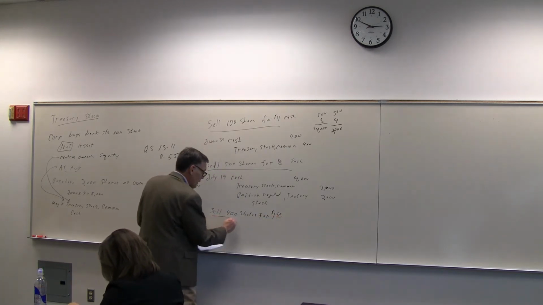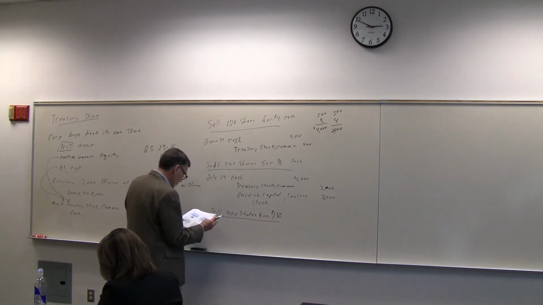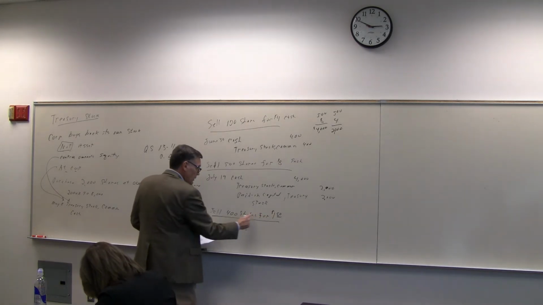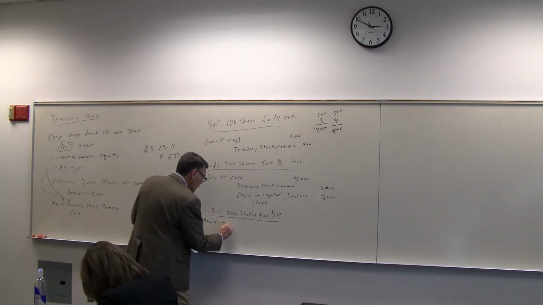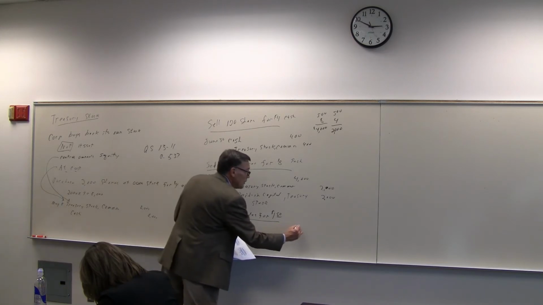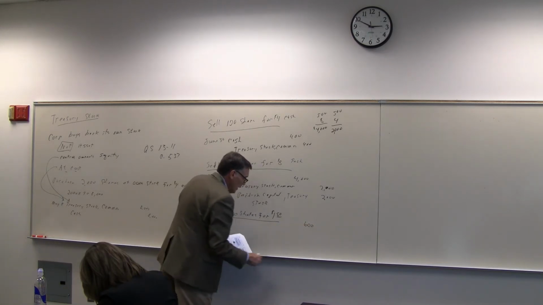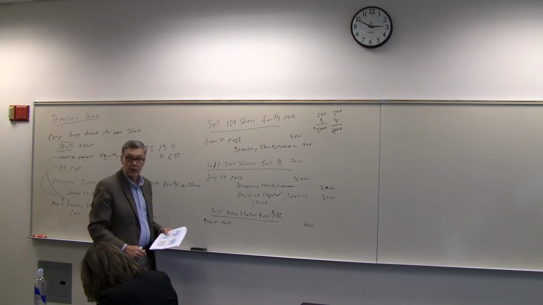So 400 times $1.50 is 600. The deal is on August 27th is when they made the sale. Cash will be debited for $600, and it's $1.50 times 400 shares.